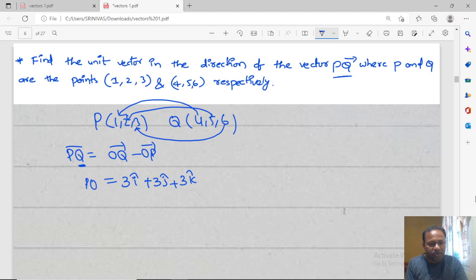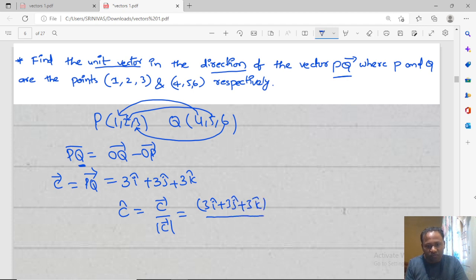I got PQ. I will give one name for this, C bar is equal to. So then the question is the unit vector in the direction. Then we can say that C cap is equal to C bar by mod C bar. C bar is nothing but 3i cap plus 3j cap plus 3k cap divided by modulus of C bar.